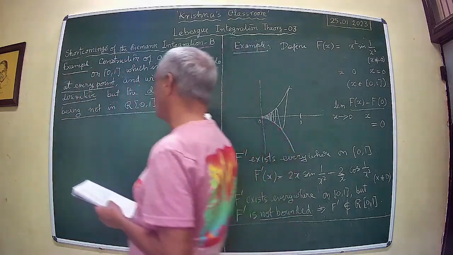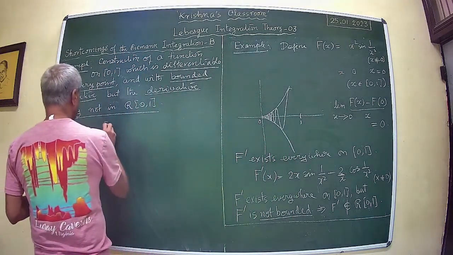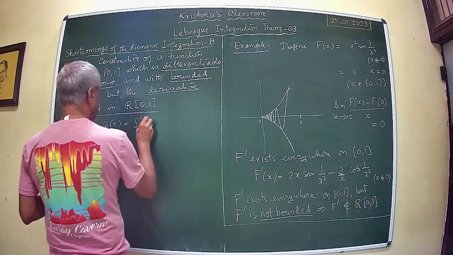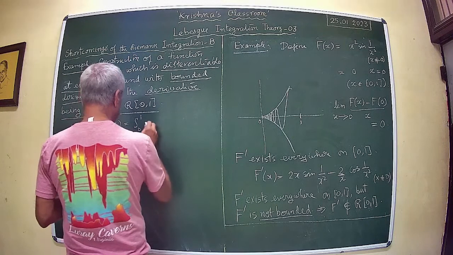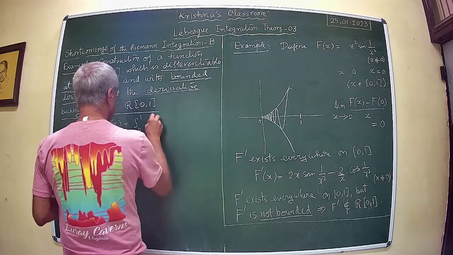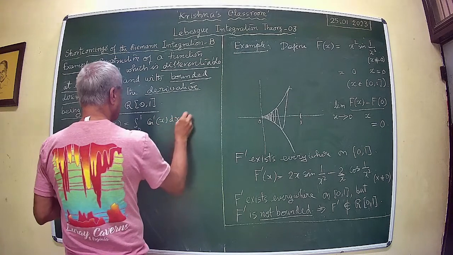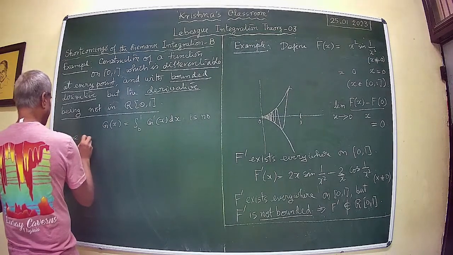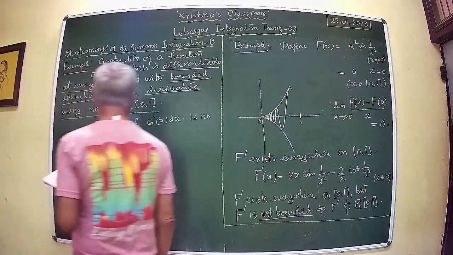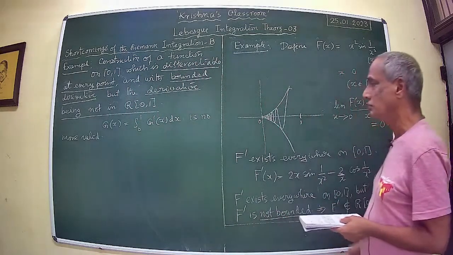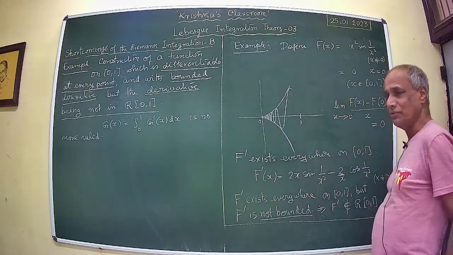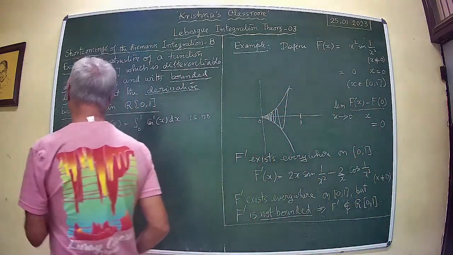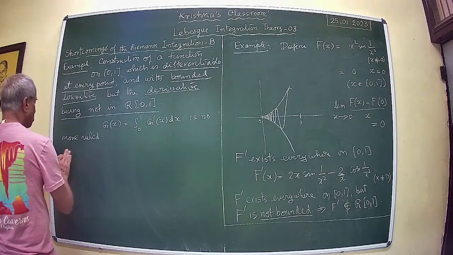Therefore, once again, the relation g(x) equal to the integral from 0 to 1 is no more valid. Okay, and this also serves as a nice example for many situations. Okay, let us go about constructing it. So how to construct this?